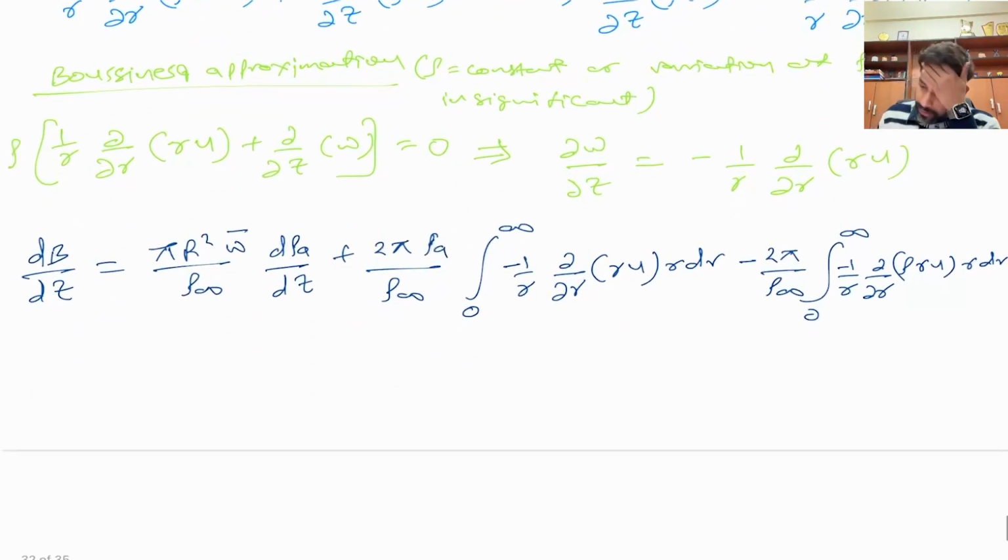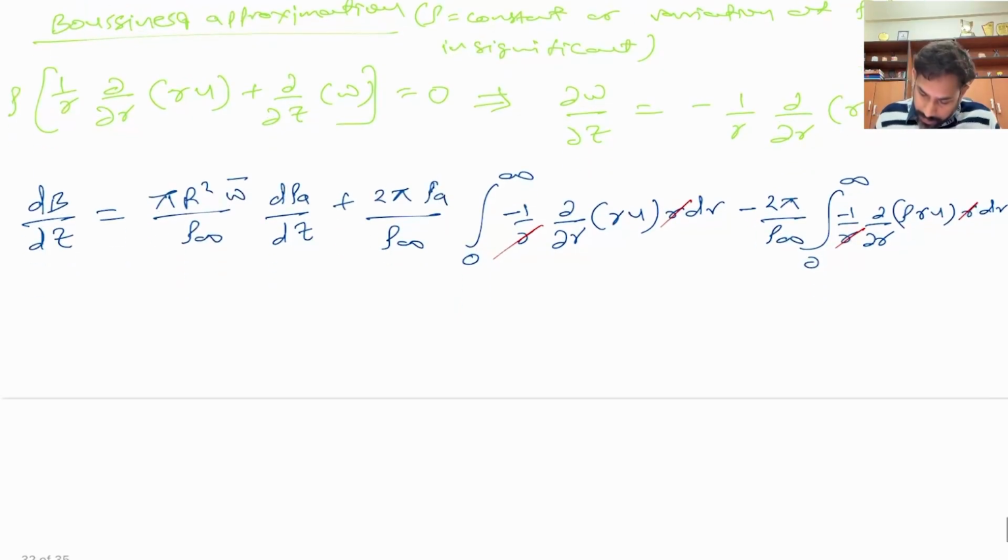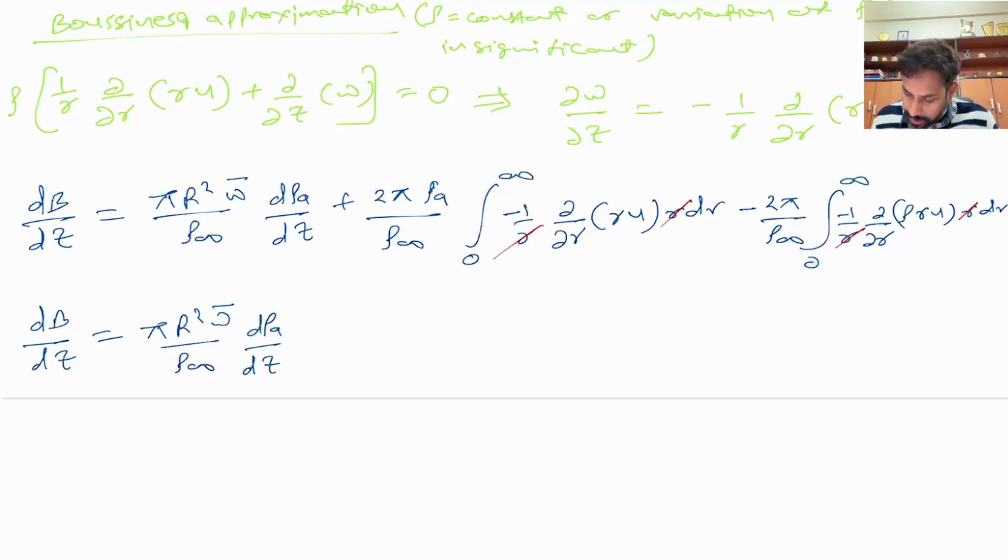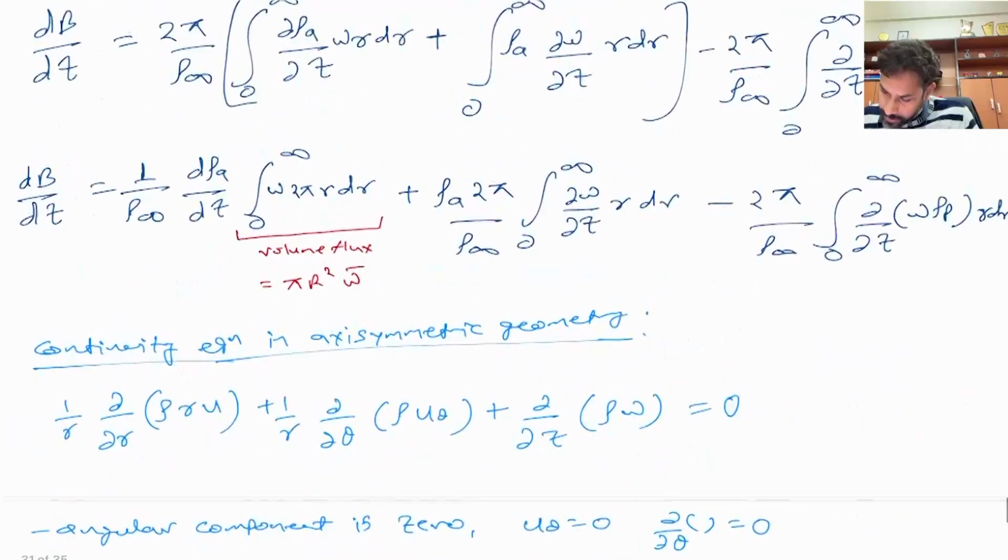Okay, and now we can cancel some of the terms here. This cancels with that one, this cancels with that one, and what do we get here? dB by dz is equal to pi r square w bar by rho infinity d rho a by dz plus 2 pi by rho infinity. I can take 2 pi by rho infinity outside, so this becomes rho a. And here, I guess there is one missing.